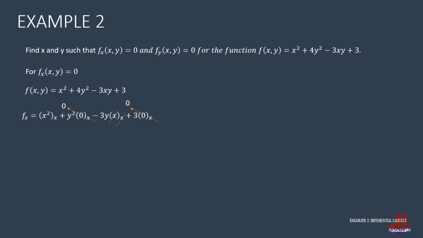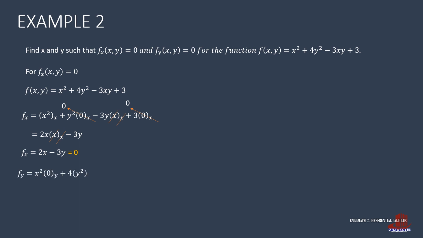So the function becomes 2x times the derivative of x minus 3y. Again, dx over dx is 1. So the function turns out as 2x minus 3y. This is equated to 0.